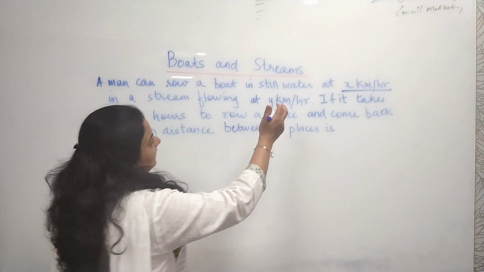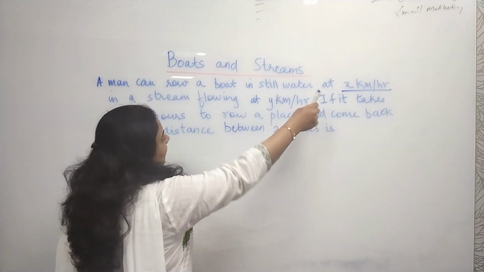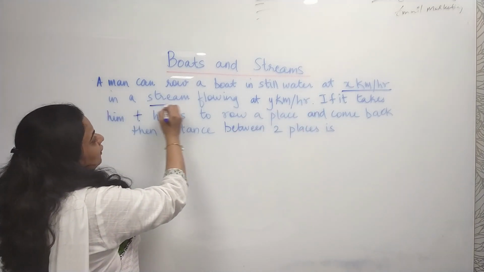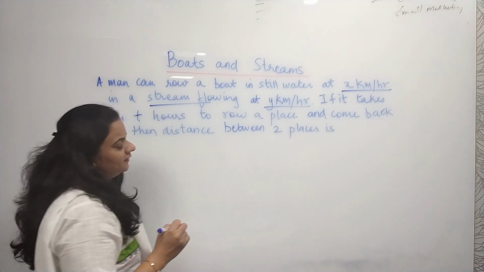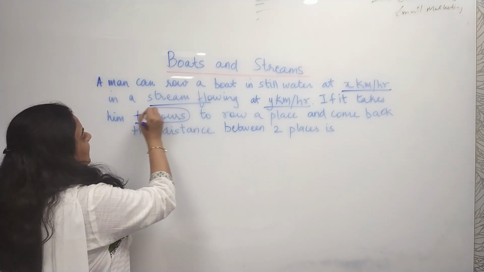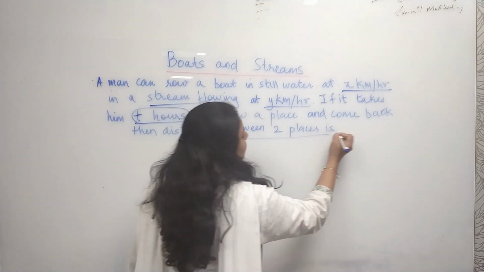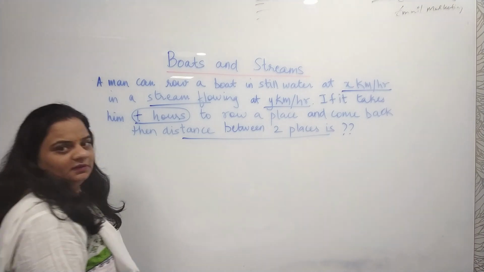If it is given that the speed of boat in still water is x km per hour and the rate of stream is y km per hour. Also, it is given that the total time is t hours to cover the entire journey. Then what is the distance between the two places?